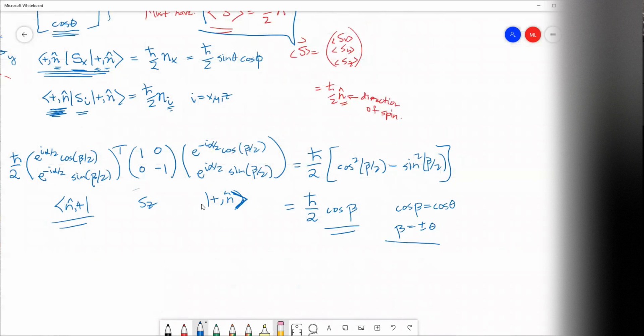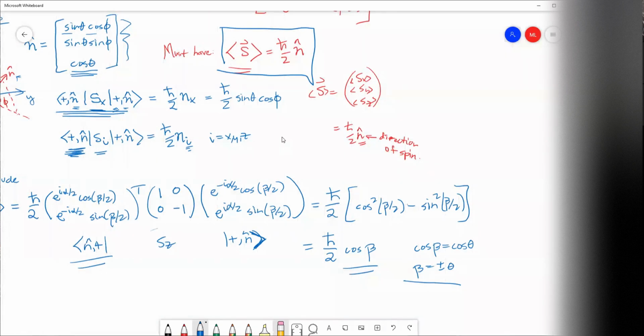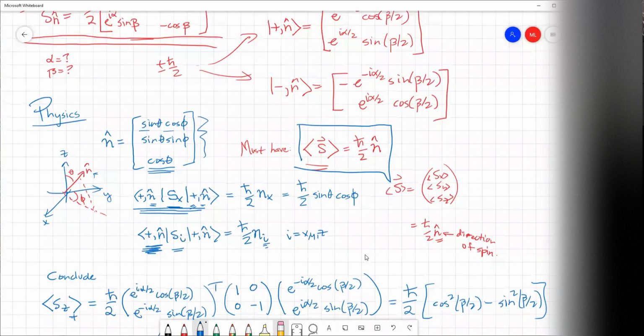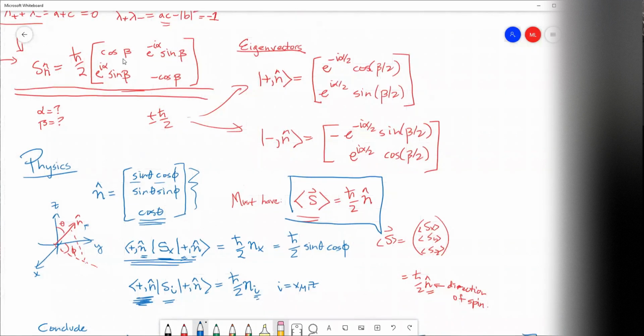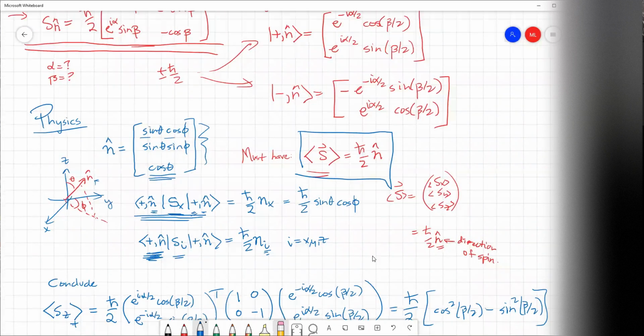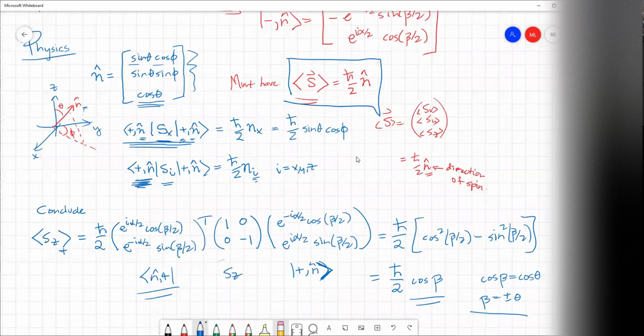We're already almost getting there. One of our arbitrary coefficients, this beta, turns out to be related to the angle of the n hat vector away from the z-axis. That's already one thing. So now we just have to figure out what alpha is.